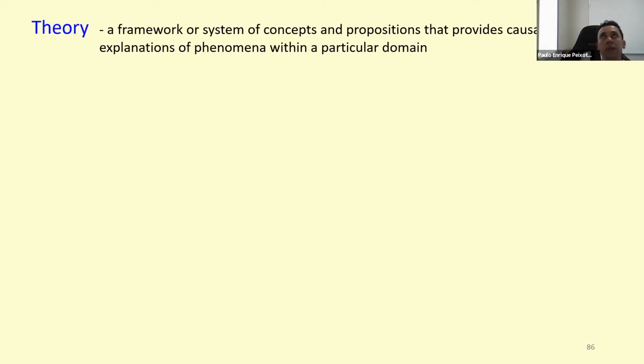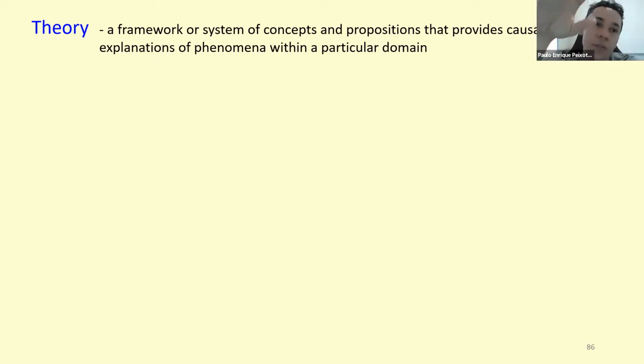And as a consequence it has a lot of mechanisms that may be grouped, arranged, organized to explain some phenomena. And they also provide this important information that is a particular domain, which is basically the species, the systems of the group of species for which the theory may be able to explain the phenomena, okay?